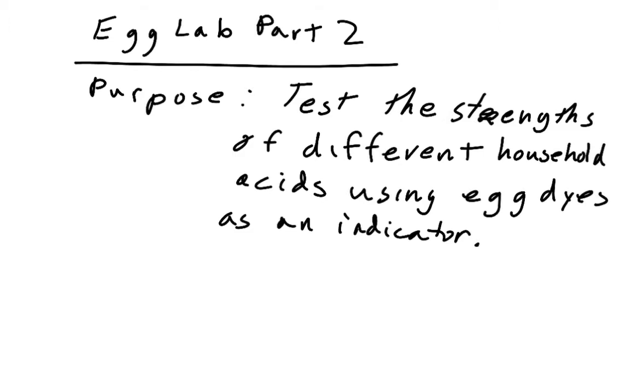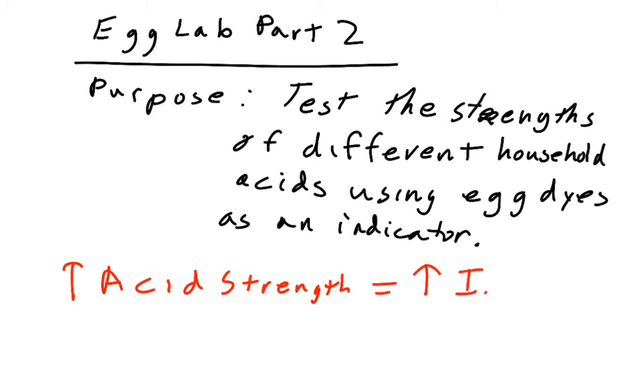Remember, in order for the dye to stick to your egg, there has to be acid there to do protonation of the eggshell, to make that eggshell develop a positive charge. The stronger the acid, the better job it's going to do of protonating the eggshell. And therefore, the more intense the color you should be able to observe.